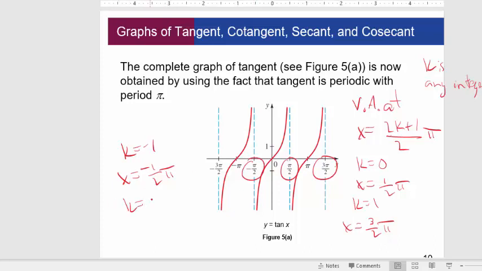When k equals negative 2, it's actually negative 4 plus 1, which is negative 3 over 2 pi, which is this one. Okay, so this is just your general form for where the asymptotes occur. They occur at every x equals (2k plus 1) over 2 pi, where k is any integer. So they're always going to look like this form. So the next one would be 5 pi over 2, 7 pi over 2, and over there would be negative 5 pi over 2, negative 7 pi over 2, etc.